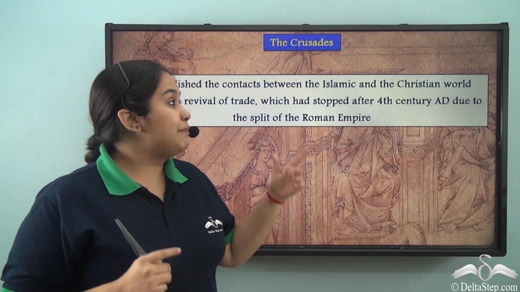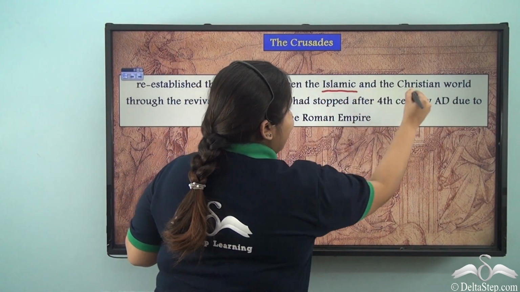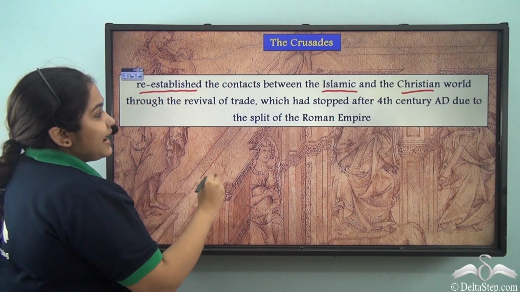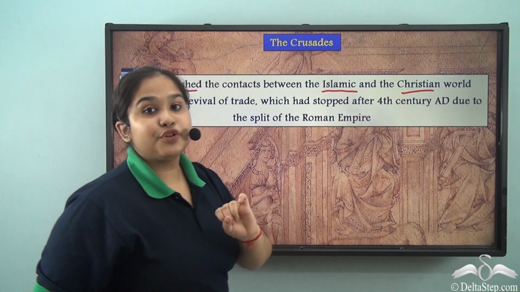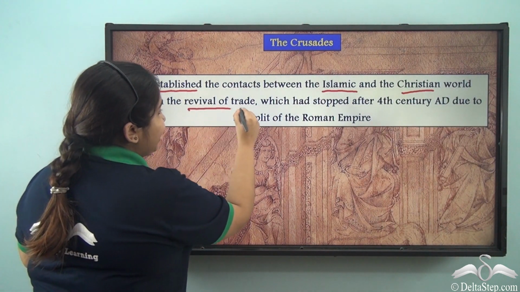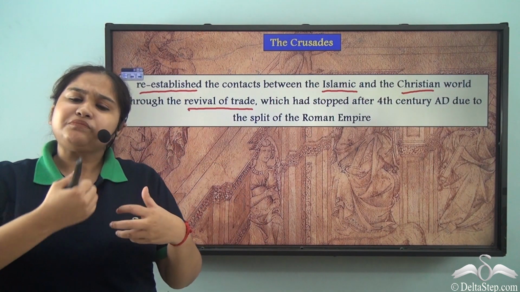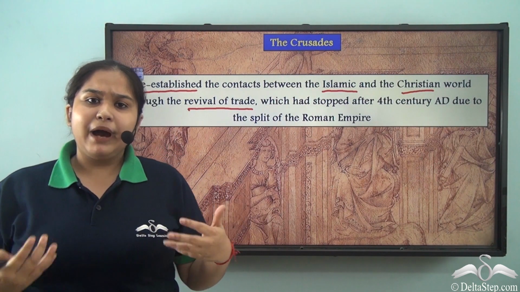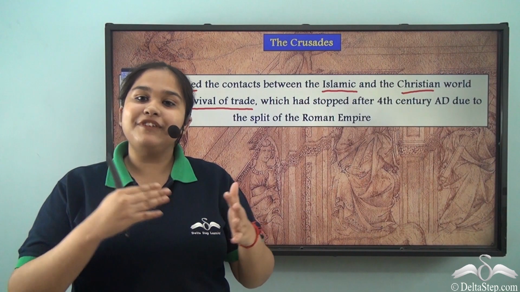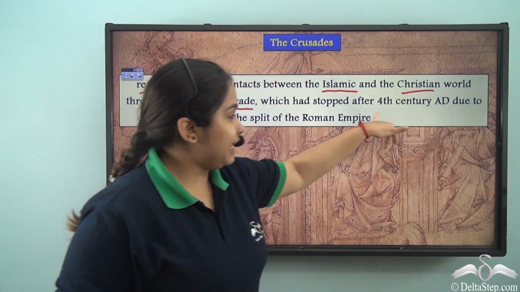Why so? The major reason being that it established, or rather re-established, the contacts between the Islamic and the Christian worlds, primarily through the revival of trade. Now, how trade? Because when the Roman Empire was split into Western and Eastern, trade routes were cut for the western side of the empire after the 4th century AD.